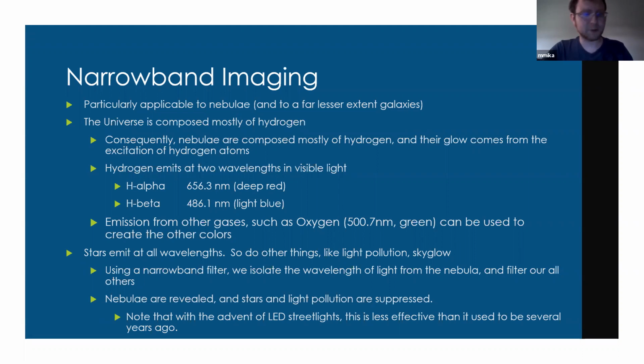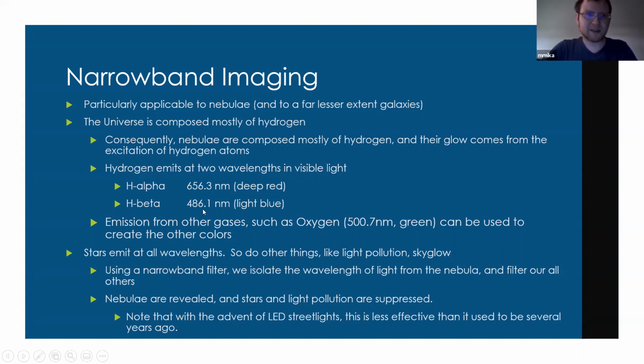So you can do either a full spectrum mod, which is getting rid of the filter entirely and letting your camera see all sorts of wavelengths, or doing an astro mod, which lets the camera see a little bit deeper into the red, but still allows you to use it for daylight photography just by changing the white balance a little bit. If you're letting in infrared light, you get all sorts of weird things, and that's also a topic for a different talk that I'd be happy to give at some point.